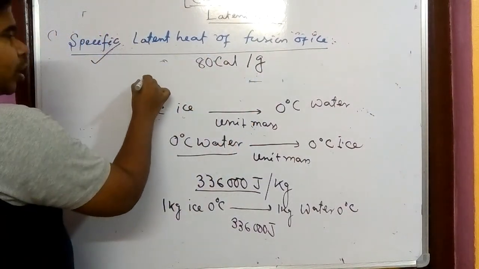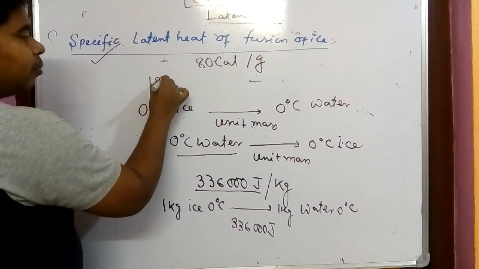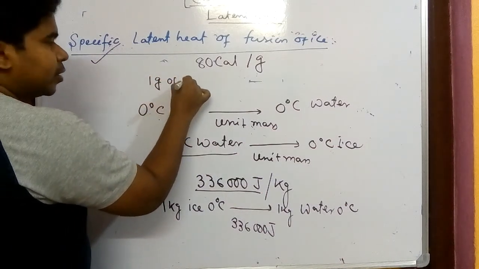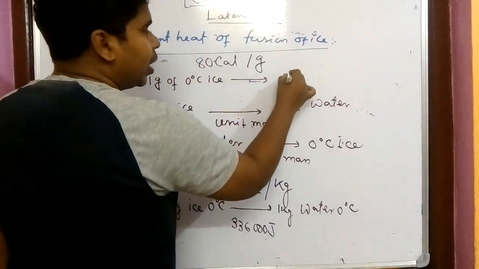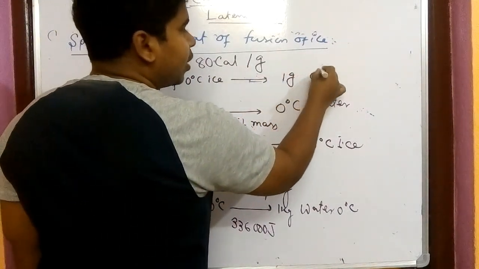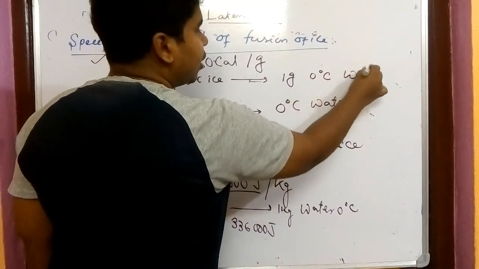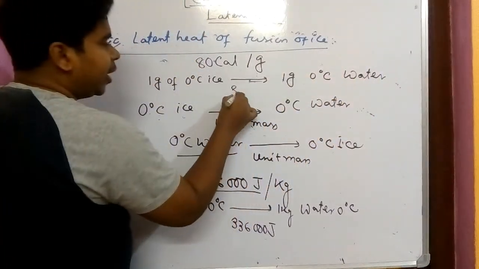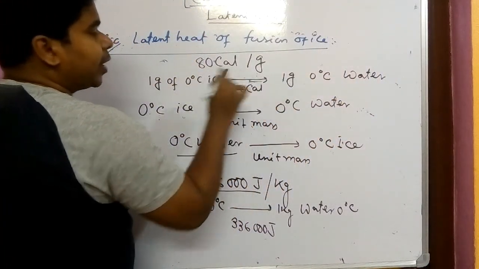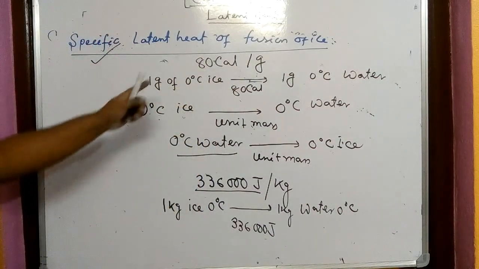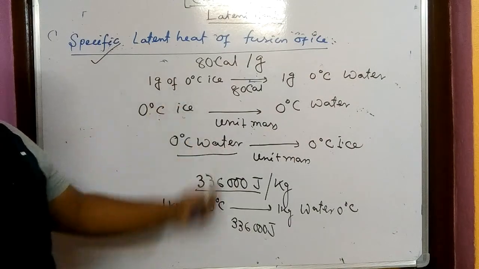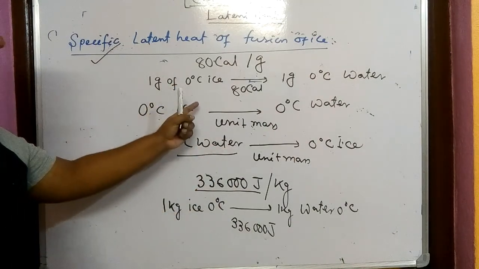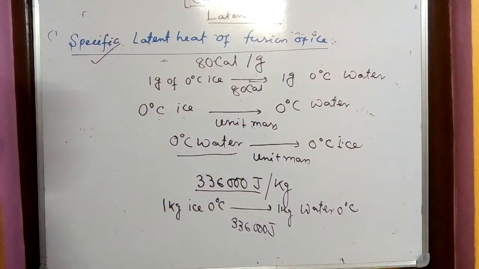That means to convert 1 gram of 0 degree centigrade ice to 1 gram of 0 degree centigrade water, we need 80 calorie of extra heat energy. We have to supply 80 calorie of extra heat energy, then this change will occur.